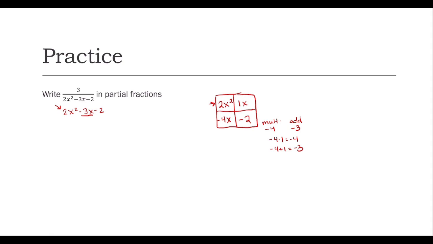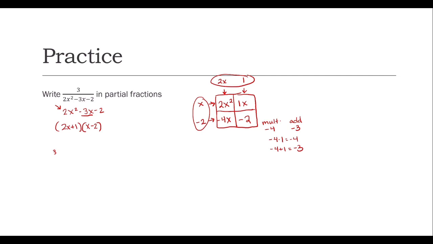So in this first row, our greatest common factor will be x. Our second row, the greatest common factor is negative 2. In our first column, we'll have 2x, and our second column is going to be 1. So our factored form will be 2x plus 1 times x minus 2.